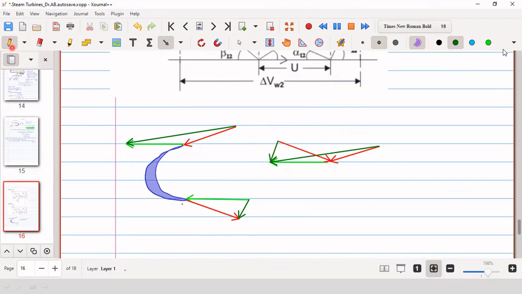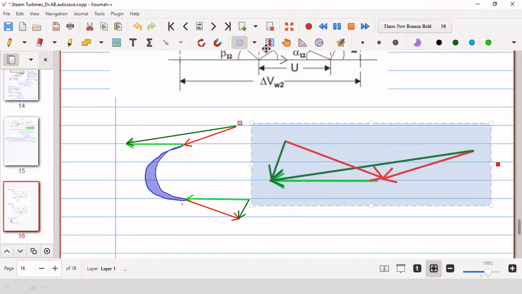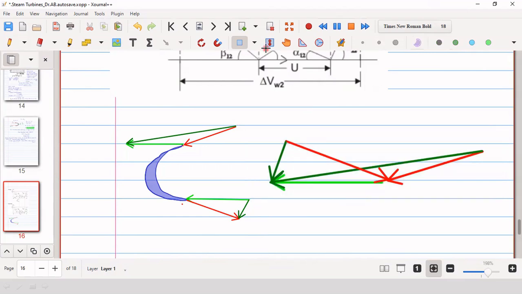So this is the combined velocity triangle we have drawn. For the sake of analysis, you can enlarge it proportionately, and it will be like this.